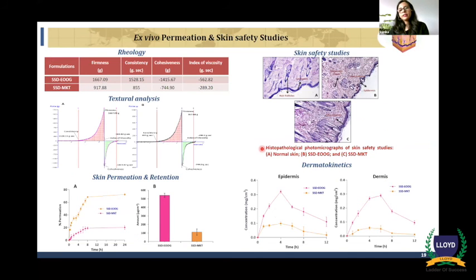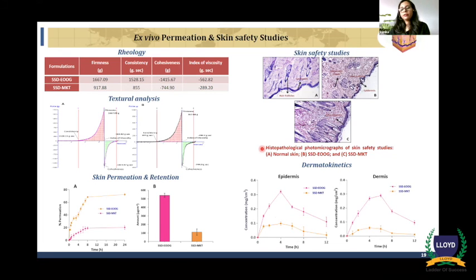In these skin safety studies, basically the idea is to have an initial application of the developed formulation on the skin for a period of 6 or 7 days, and to have a physical assessment by visual inspection to see what kind of changes occur.